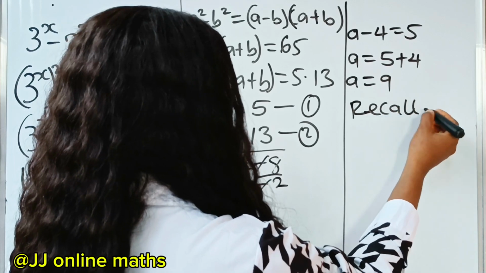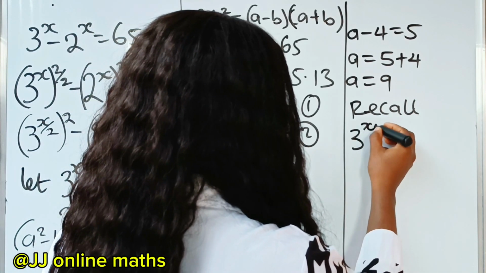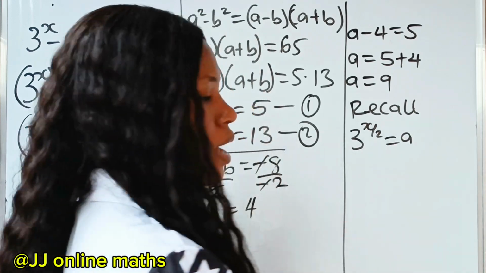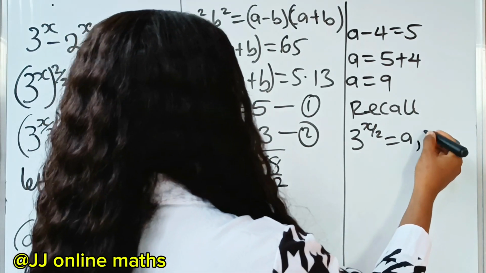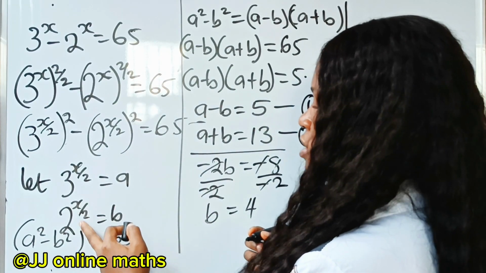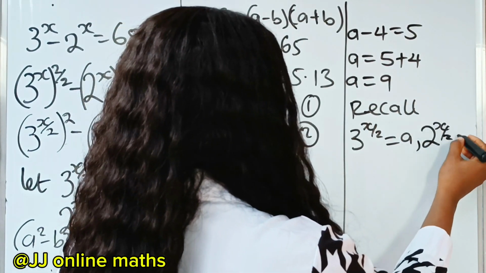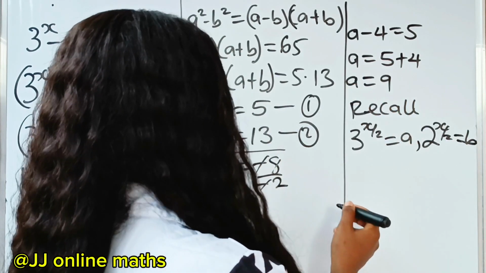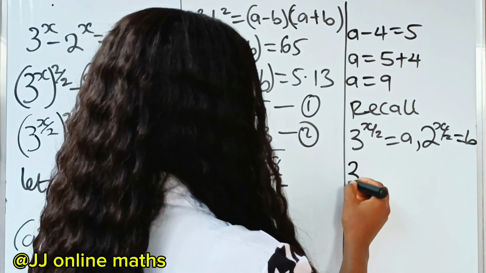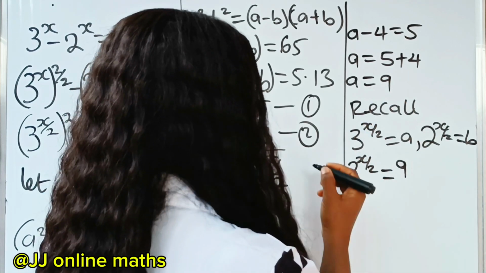Let's find our x. Recall that we said 3 to the power of x over 2 is equal to a, while 2 to the power of x over 2 is equal to b. So from here we can say 3 to the power of x over 2 is equal to our a, which is 9.